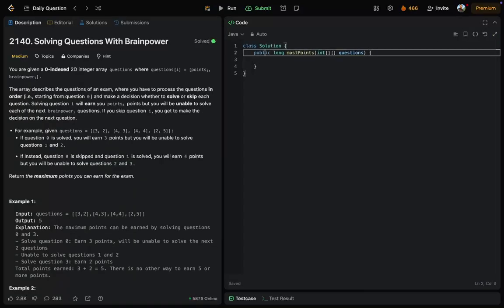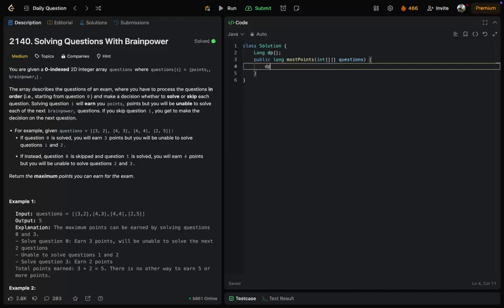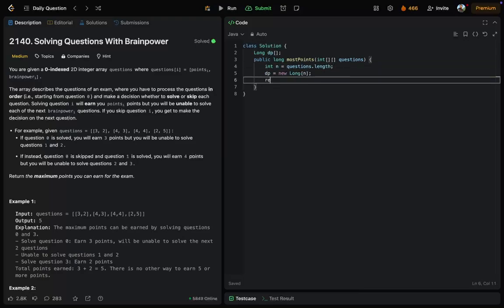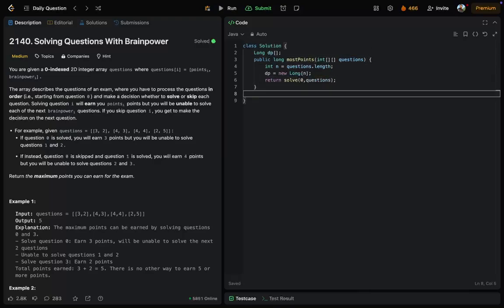I need a long dp, and let me write long in this way. New long with n, but we don't have n. Then just write the solve function with index and your array. dp is global, so we don't need to pass it.